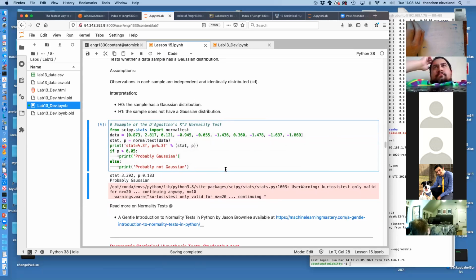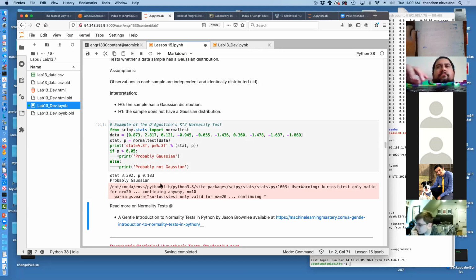It computes the first 4 moments of the sample, because it's complaining about kurtosis. This particular test is not designed for samples that are much smaller than 20. We have a sample size of 10, and so it issues a warning: the kurtosis test is only valid for sample sizes bigger than 20. It's continuing, it's going to report a result.